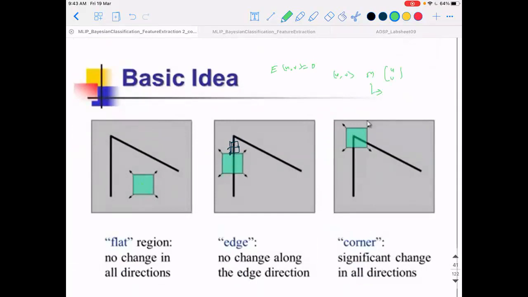Can one of you guess? They are nothing but 0 and 0. Because if u comma v itself has to be 0, even though u and v are not 0 because shifts keep changing, M has to be 0. In fact, the eigenvalues of this have to be 0. Yes or no? So in this case they are equal and they are zeros. This I am calling a uniform region.